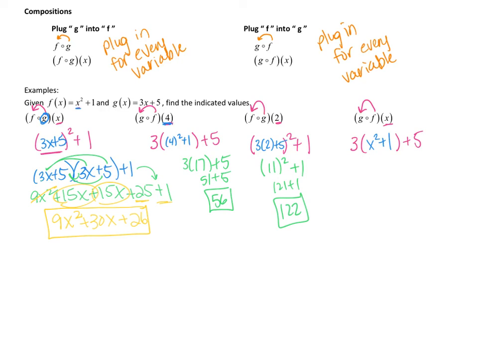Now let's do our PEMDAS. I look in the parentheses, there's nothing there, so now I'm going to start by distributing. I'm going to get 3x squared plus 3. Then I had this plus 5 there. I'm going to combine my like terms. So I'm going to end up with 3x squared plus 8.